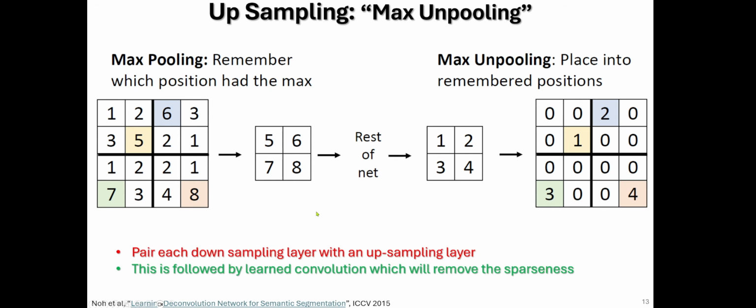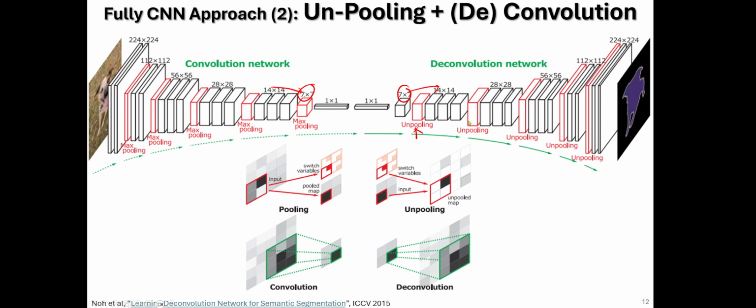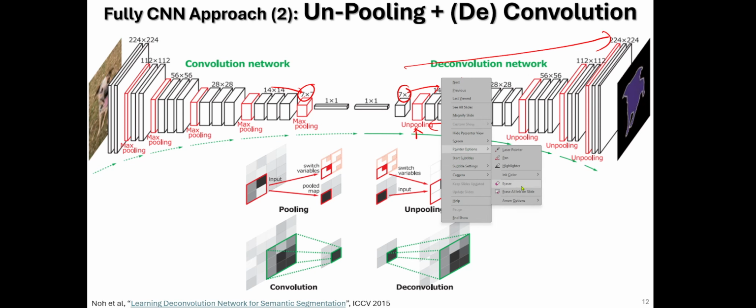So I'll go back to the previous slide. This unpooling is there, and then you have the convolutional layers. These layers will get trained through gradient updates during the backpropagation stage, unlike the previous case where the entire upsampling was the classical way of doing it, with no learning layers. That's the key thing they introduced in this particular work.